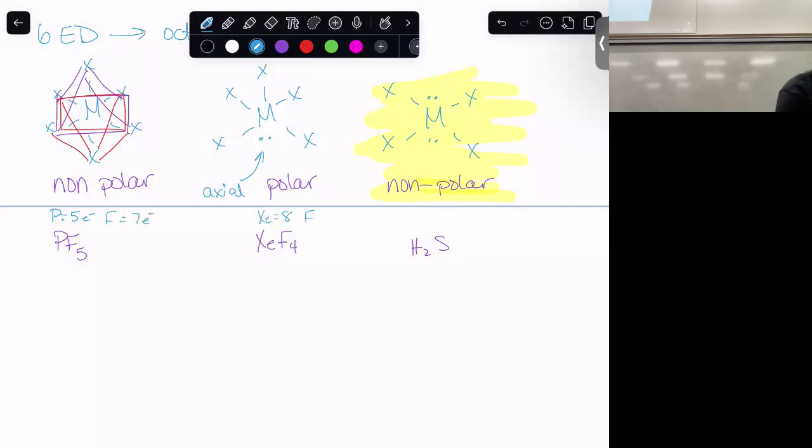Xenon has 8. Fluorine has 7. And sulfur has 6. Hydrogen has 1. That helps you.